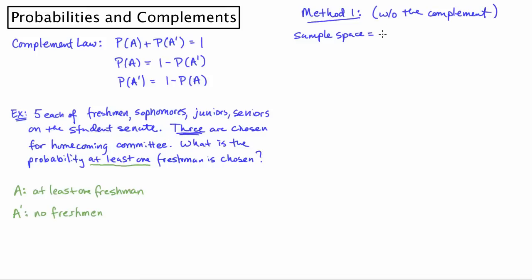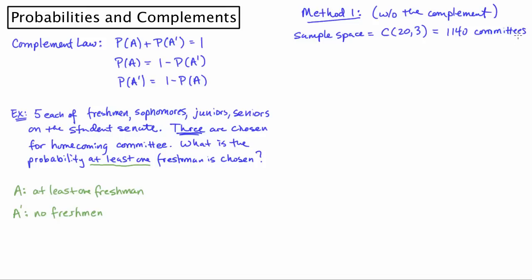So the sample space here is a function of the number of people that we're picking. We can pick, out of the 20 students, any 3 we want to be on the committee. There's no restrictions there. So it doesn't matter the order in which they're chosen either. So C(20,3) is the obvious choice here. And that's 1,140 committees that are possible. So there's a lot of different committees I could potentially put together.